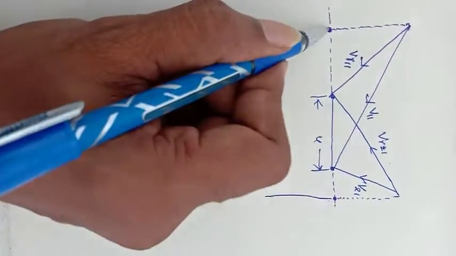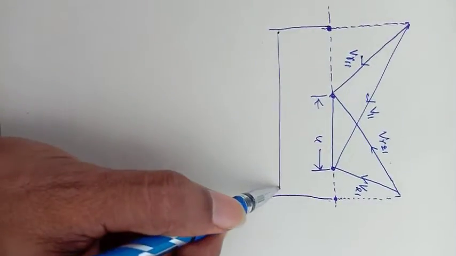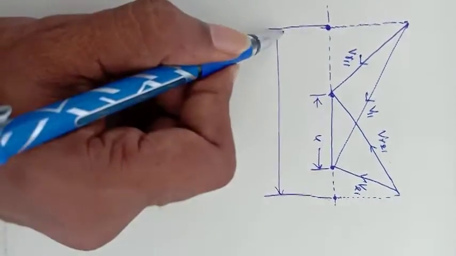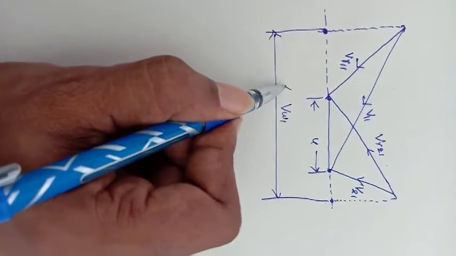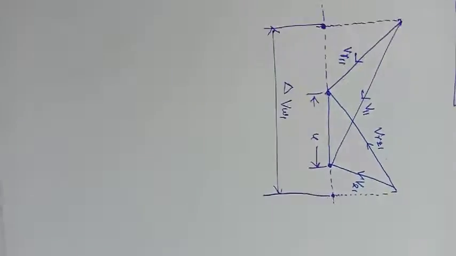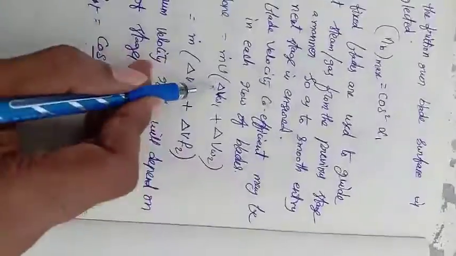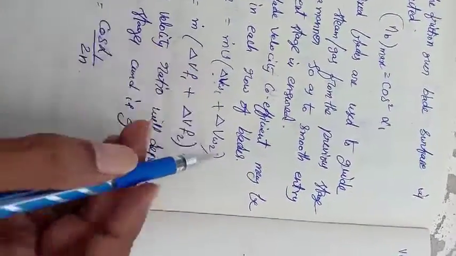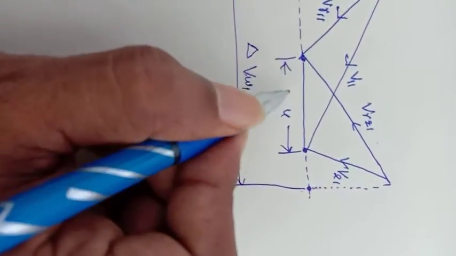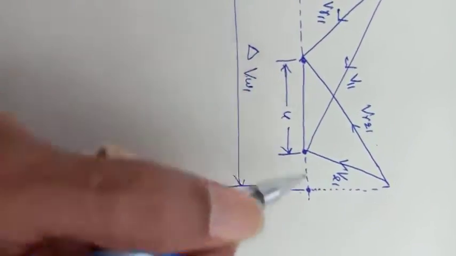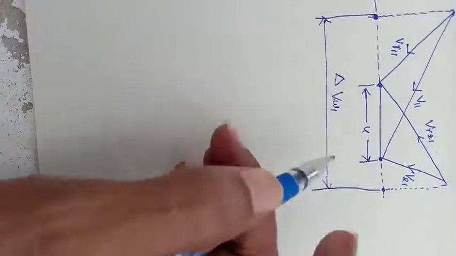Here we put the change in real velocity, because this is one of the stages.